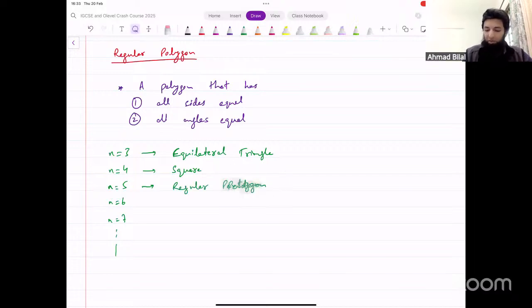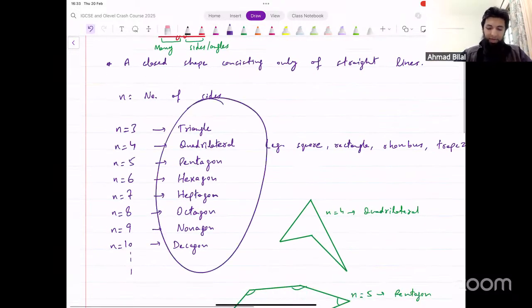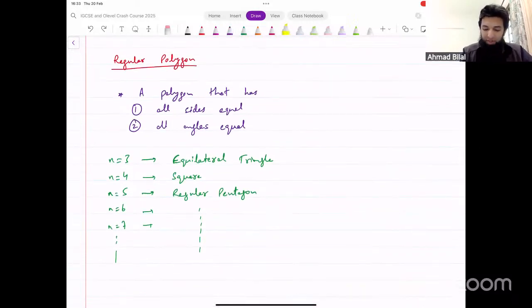So regular pentagon, and then similarly, you would say regular hexagon, regular heptagon, regular octagon, and so on. Okay. So you need to remember these names. And when we say it's a regular polygon, what that means is all sides and all angles in that polygon, they're equal to each other.